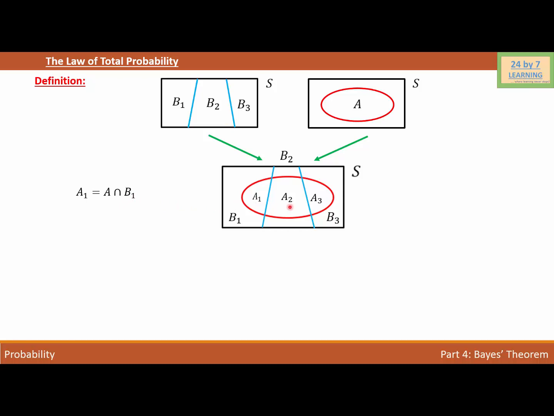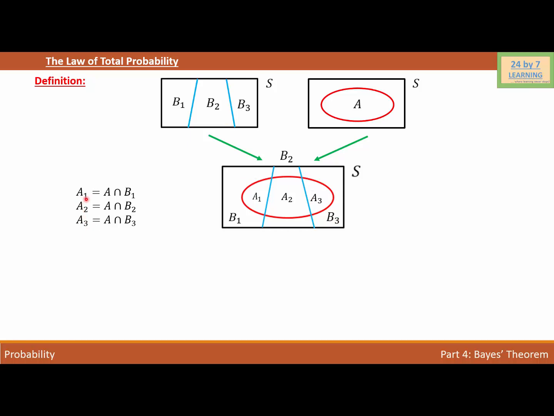In the same way, A2 is A intersection B2, and A3 is A intersection B3. Because if you look at the picture, you will see that A1, A2 and A3 are the common area or space between B1, B2 and B3 and event A.